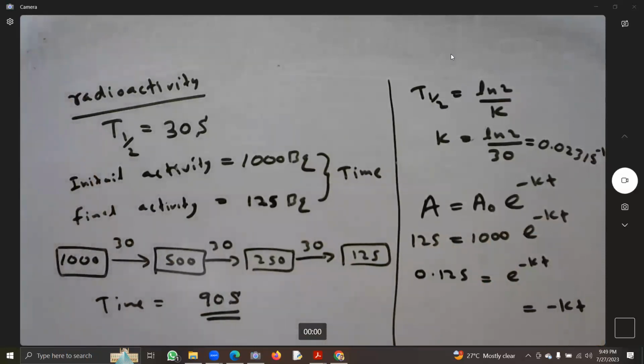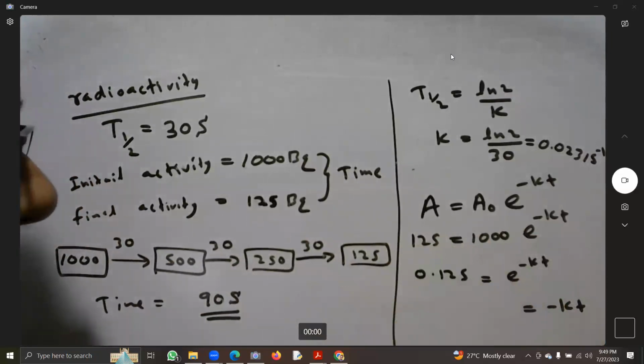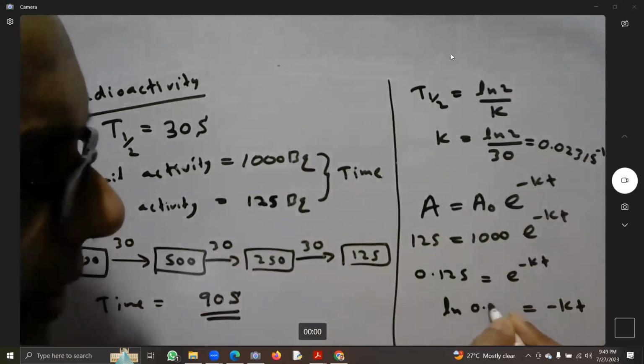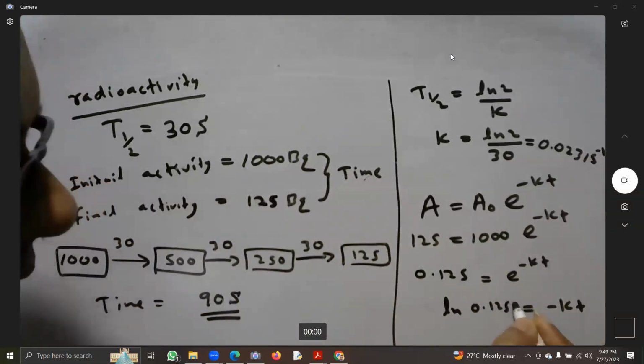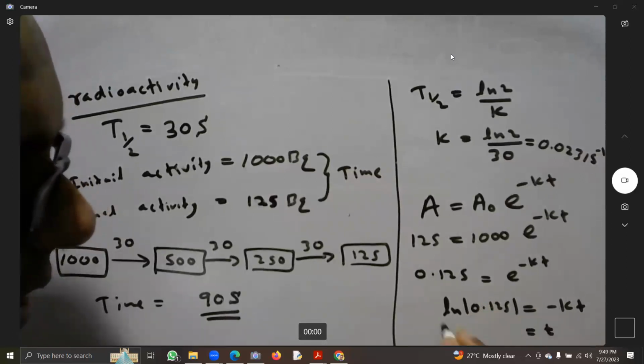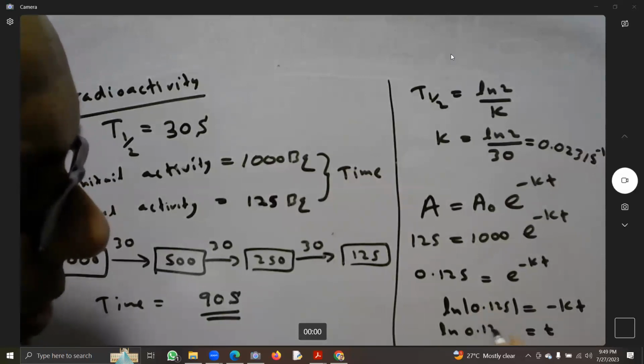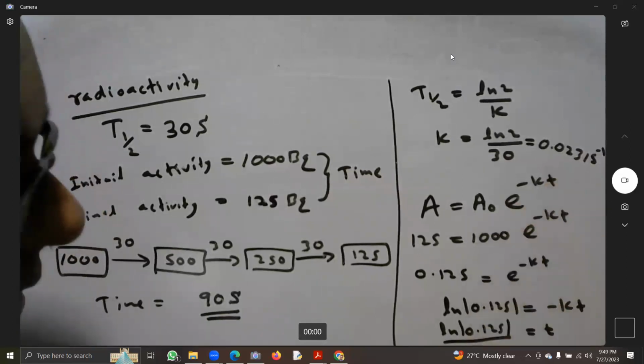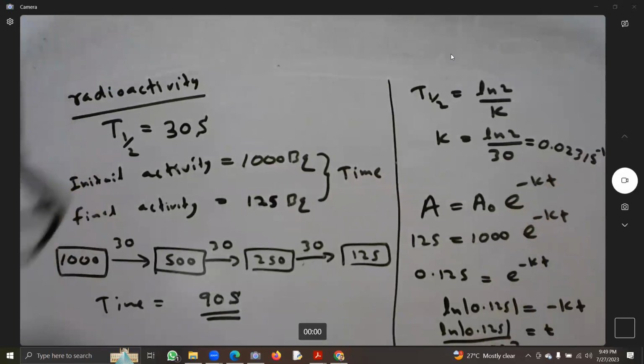When e goes to the other side, it becomes ln, since the inverse of e is ln, like sine going to the other side becomes sine inverse. So ln 0.125 equals minus kt, and t is equal to ln 0.125 divided by minus 0.0231.